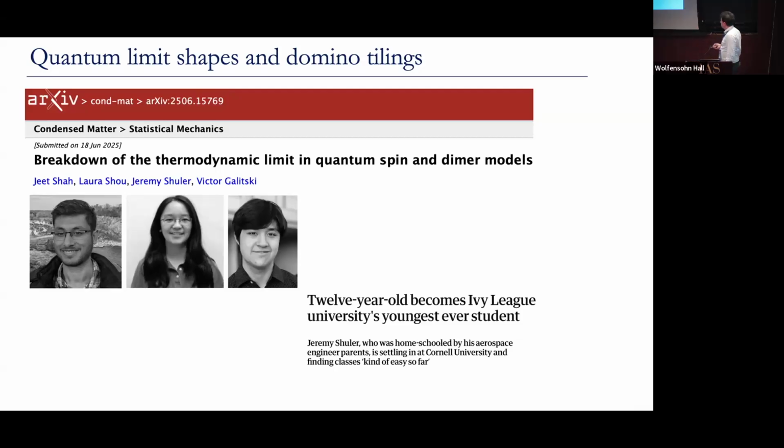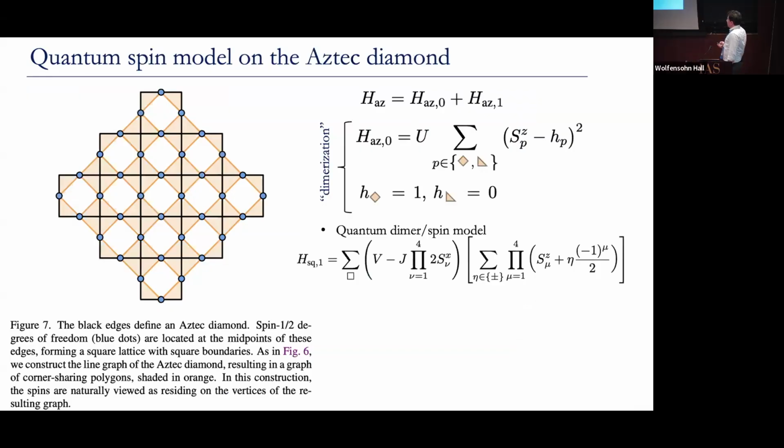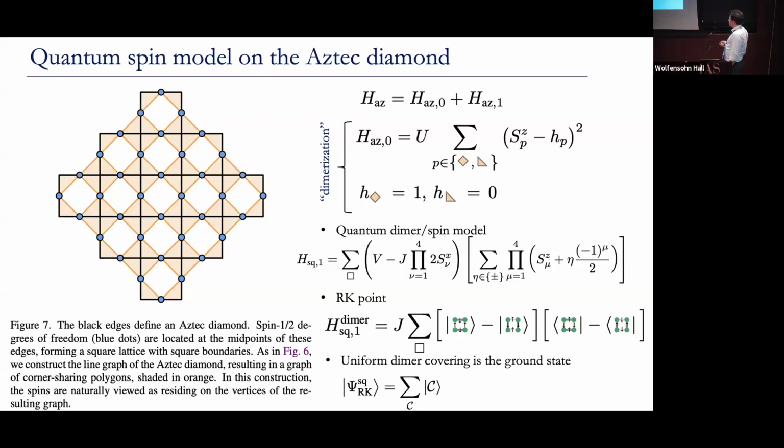That's basically what we did here. I won't bore you with all the details. I will just say that it's possible to create spin Hamiltonians, which don't look necessarily very pretty, but they're local and well-defined, whose exact ground state is known, and it corresponds to, in this case, a uniform dimer covering of the Aztec diamond.